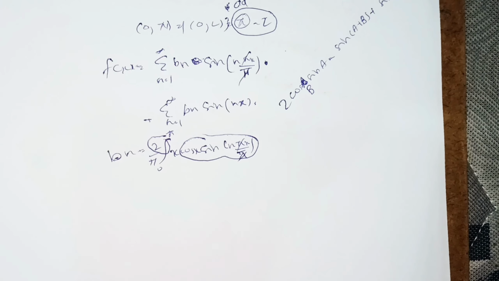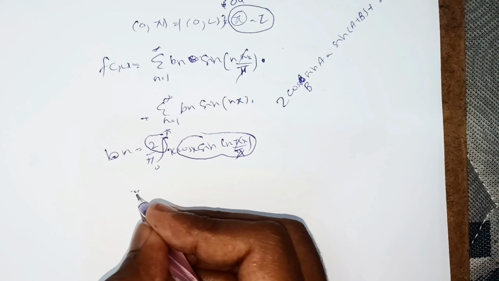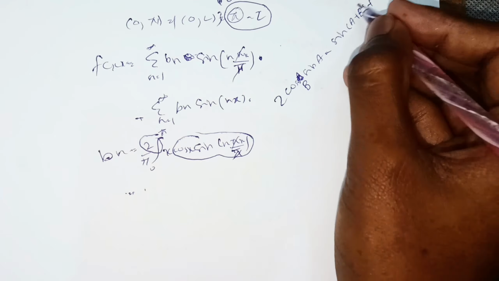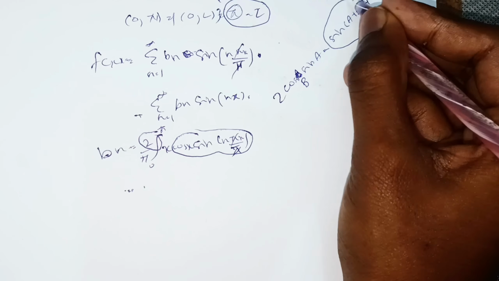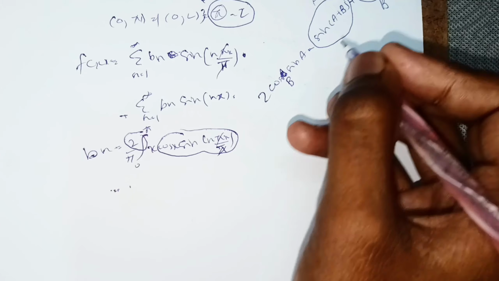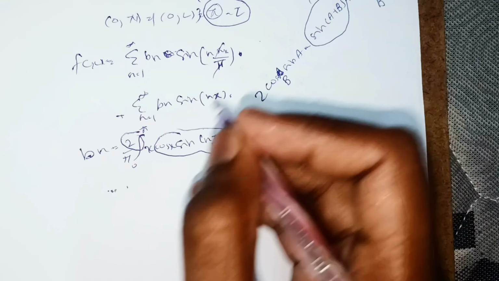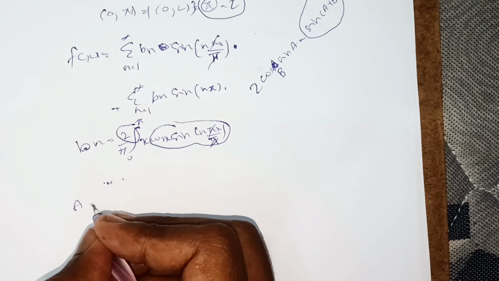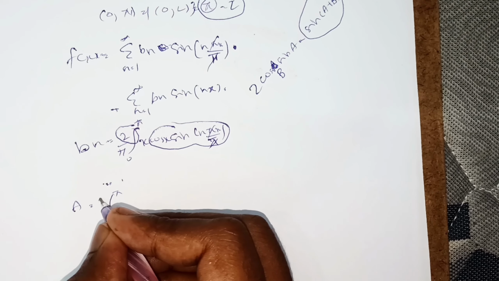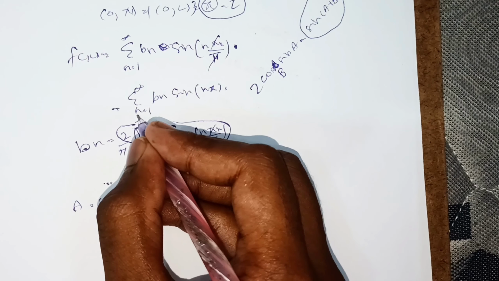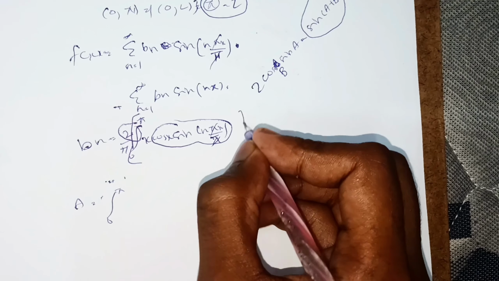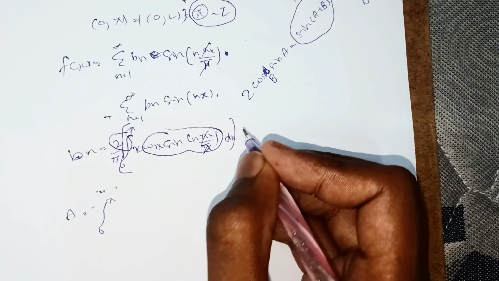So here, this first term will be taken as A, and this second term will be taken as B, the integral of these two. So A equal to integral 0 to pi, with 2 by pi taken as common, dx.